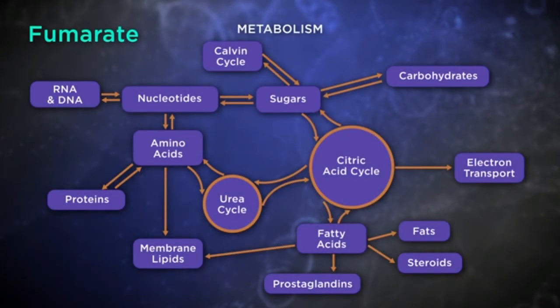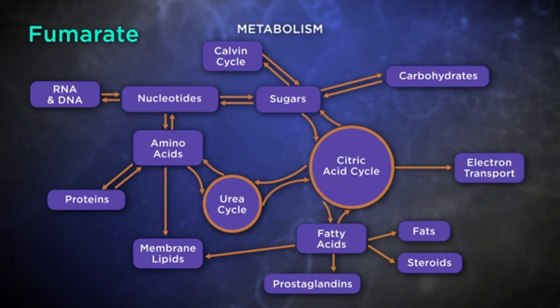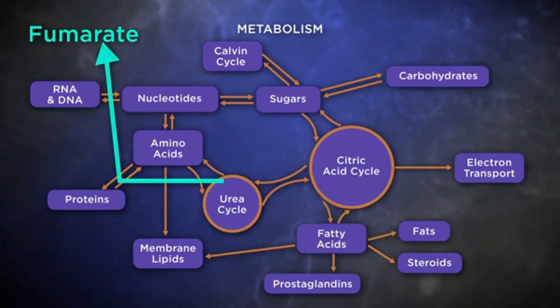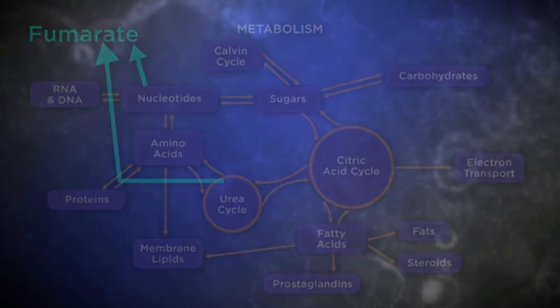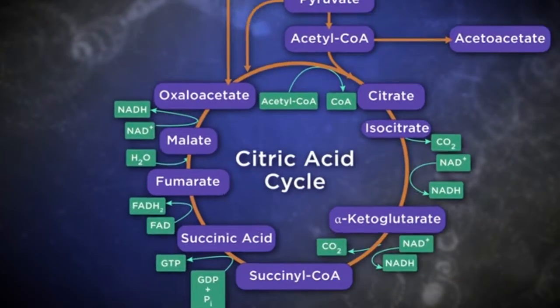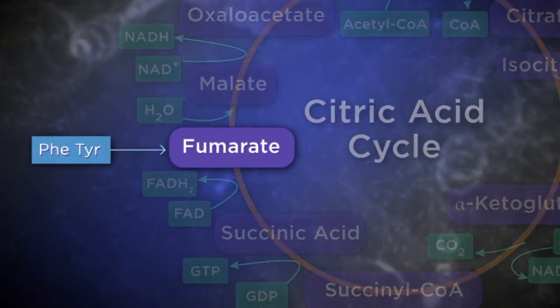Fumarate and oxaloacetate also have numerous connections to other pathway molecules. Fumarate is made in both the urea cycle and in the metabolism of purine bases of DNA and RNA. It is also an entry point for 2 more amino acids, phenylalanine and tyrosine. The final molecule I'll talk about here is oxaloacetate, and it's also connected to multiple pathways.